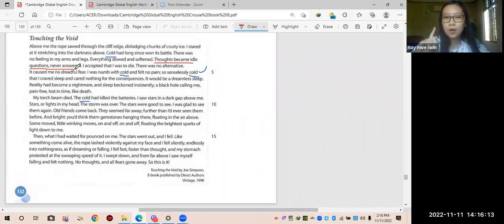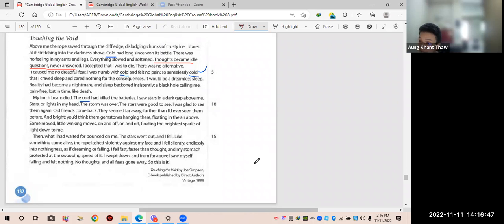And I think there is one more visible example of personification. What is that? One more visible example. The gemstones. Where is the gemstone now?